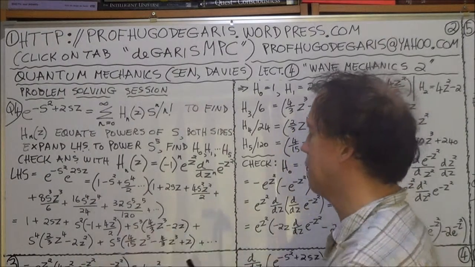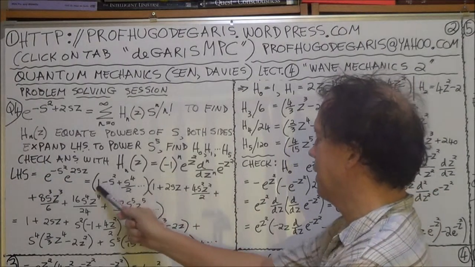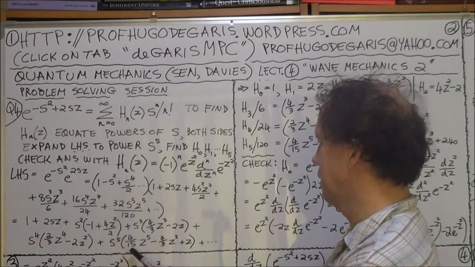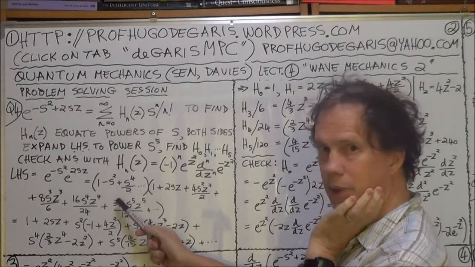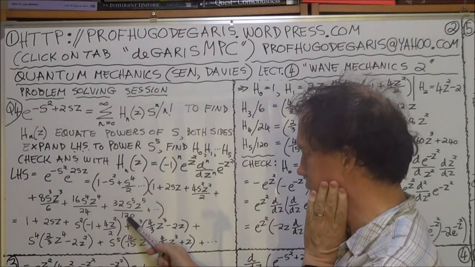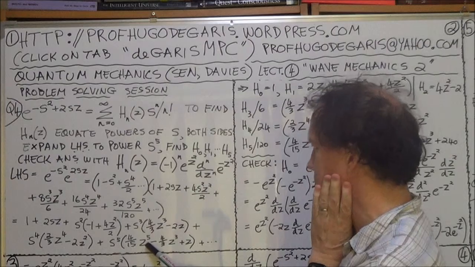Now s to the fifth. It'll be that times that, and you can simplify that down, divide top and bottom by 8, so you get 4 over 15, so 4 over 15 z to the fifth.